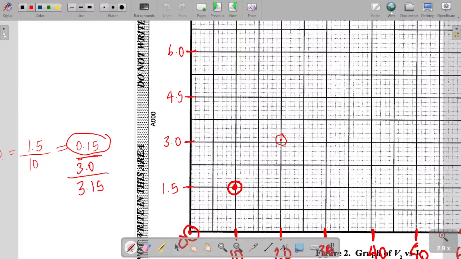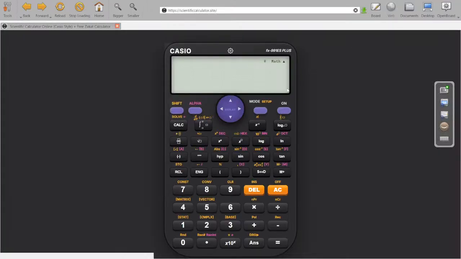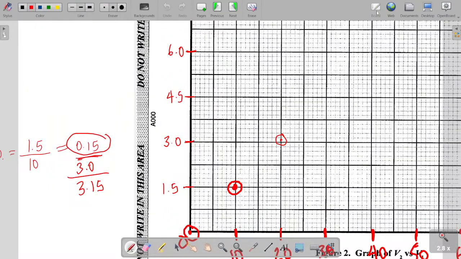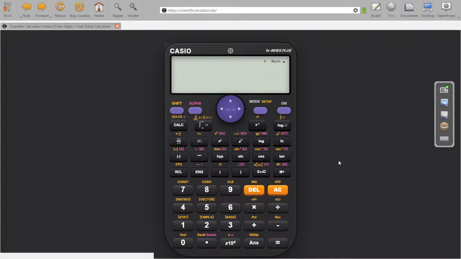If I just use my calculator here, you will see that if I start with 4.5 and I add 0.15, I get 4.65. So I need to add 0.15 again, and I get 4.8.